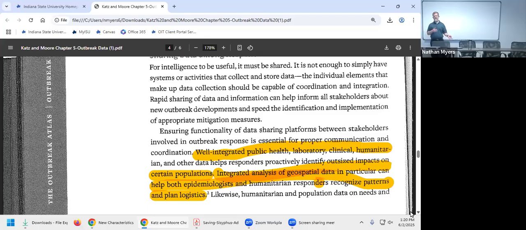Maybe it's particularly crowded and you have the elderly living with the young, and that may be driving the level of infection. So if you have that kind of information, that gives you at least the knowledge of what's going on, and maybe you're able to target some interventions to help manage that situation.